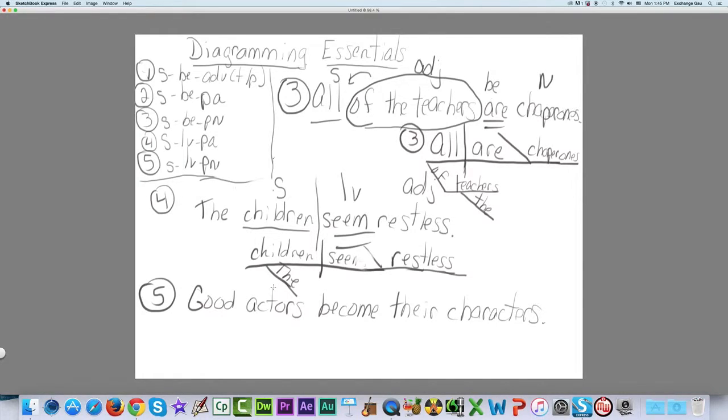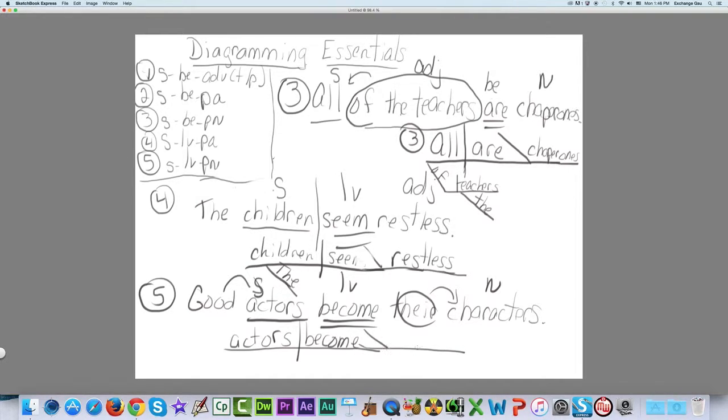Okay, so we have a pattern 5, and even though we already analyzed it, I'm going to go through and do it very quickly here, right? And you'll recall our modifiers here. So again, this diagram looks exactly like a number 3 because characters is a noun.